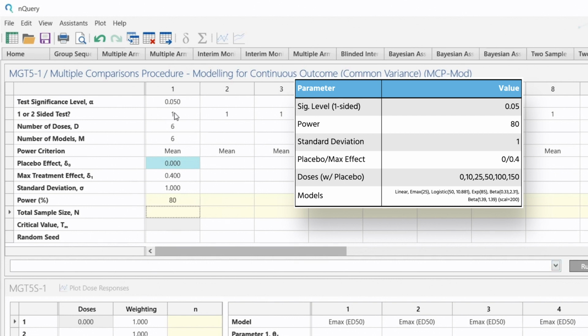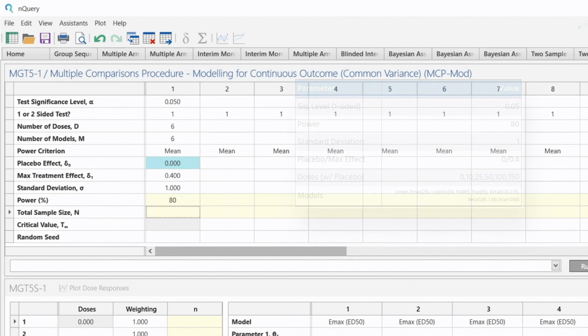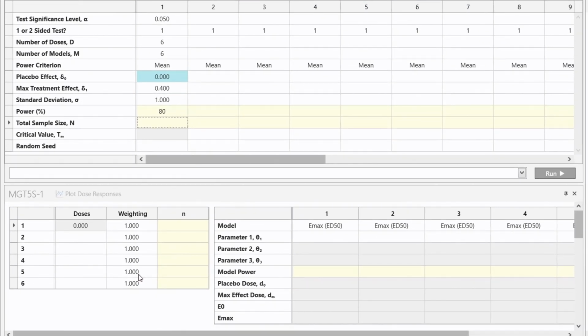Once we've completed the overall study parameters, we now need to go on to the second part, which is contained in the side table, which will appear automatically below the main table once you specify the number of doses and the number of models. This table on the left-hand side contains the doses that will be considered in this study.